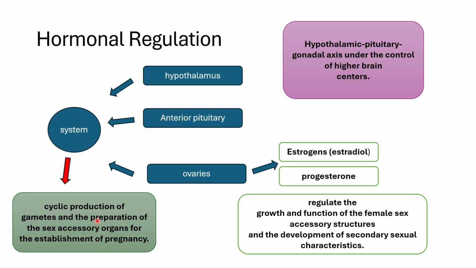So they all work together for the pregnancies to be established. And so that this happens in a cyclic manner. Every month it has to be the same. So they all have to work together, the hypothalamus, the anterior pituitary, and the ovaries, and even superior higher centers and the brain to make the cycles happen.